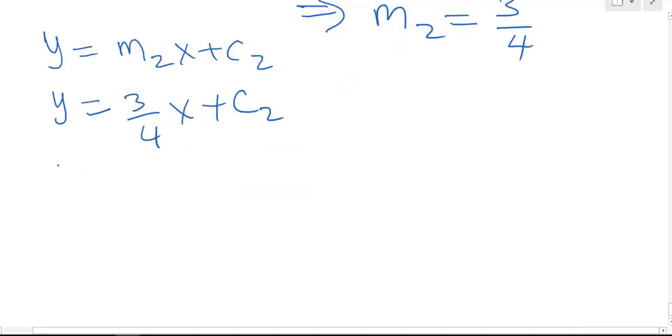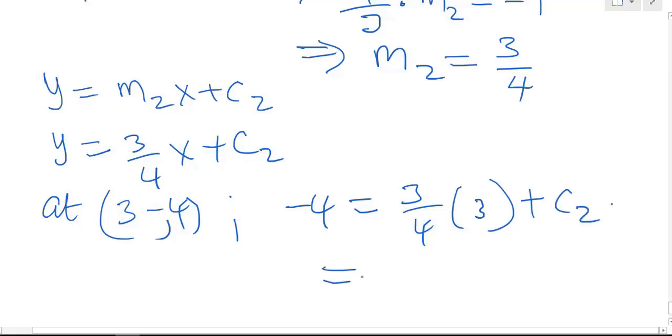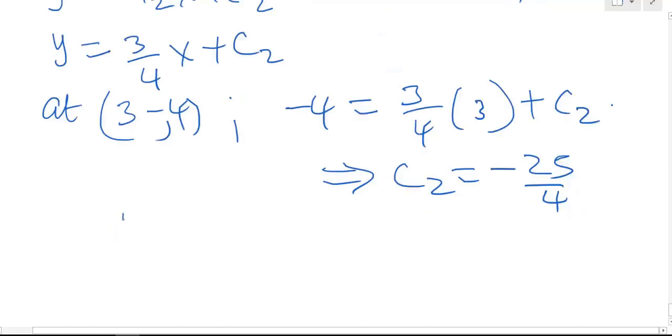To determine the value of c2, at 3, minus 4 we have minus 4 is equal to 3 over 4 multiplied by 3 plus c2, which means that c2 is equal to minus 25 over 4, and the equation becomes y is equal to 3 over 4 x minus 25 over 4.